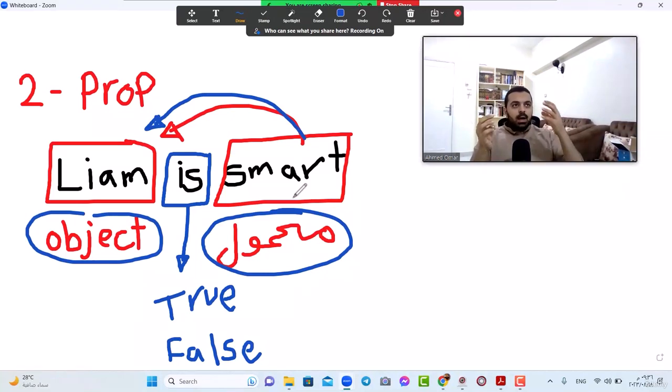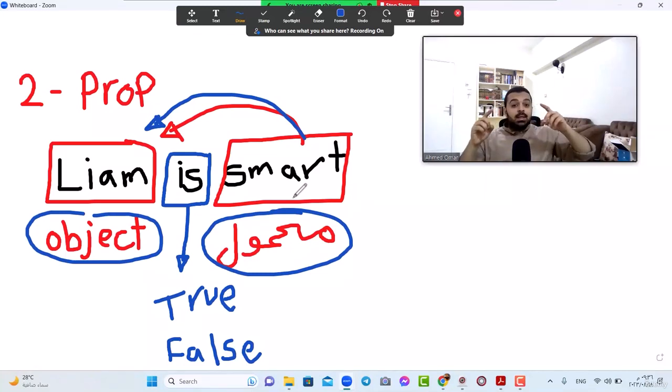Now I can imagine and understand what it means. I can understand that there is an essence, or human being, whose name is Liam, and there is an adjective which is smartness, intelligence, and then the smartness belongs to Liam. So I can understand Liam is smart.